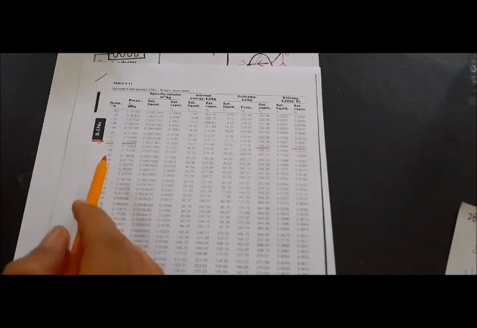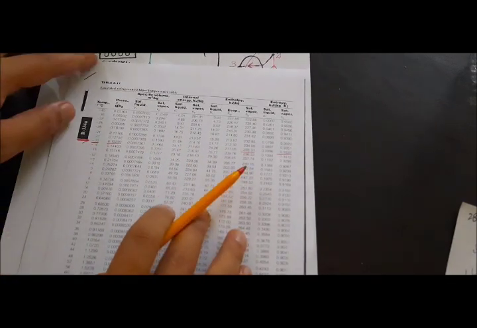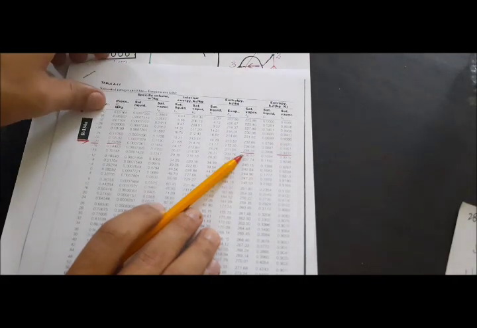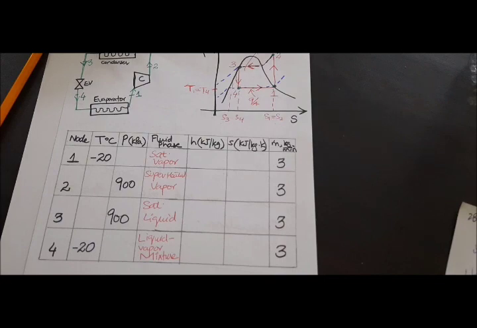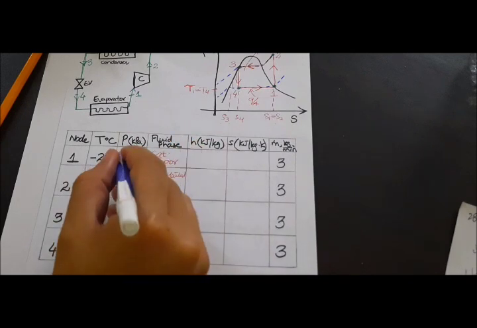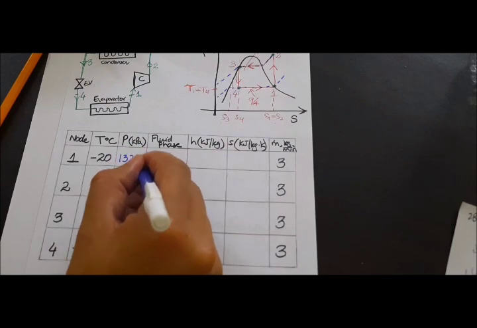Now, as you can see, at a temperature of minus 20 degrees Celsius, the saturated vapor enthalpy is 235.31. So I am going to write this. The pressure over here is 132.9.